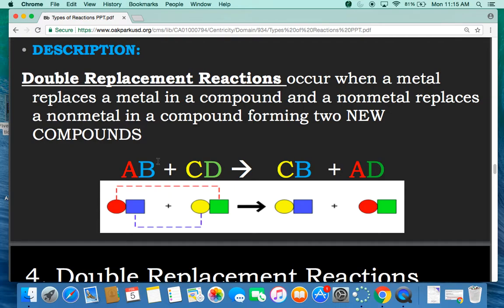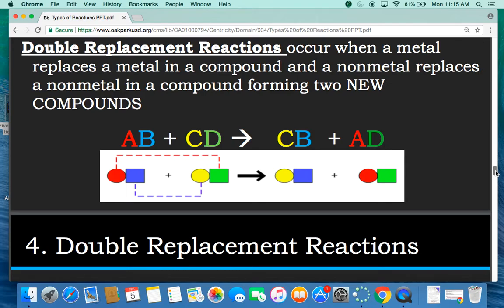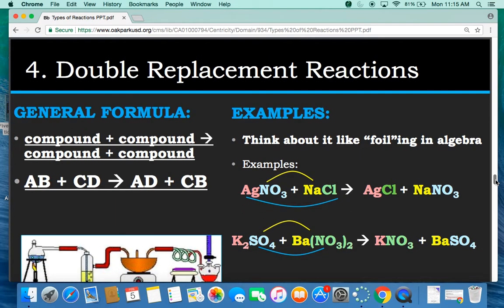There are a bunch of ways you can do it, but what happens here is that B and D stay the same on the product side, and you're switching A and C. Again, a compound plus a compound in the reactants will give you a compound plus a compound in the products, the replacement.